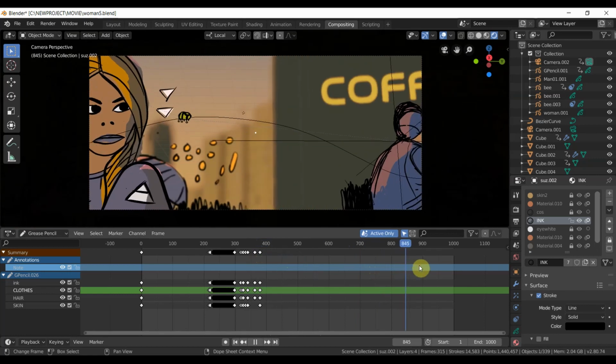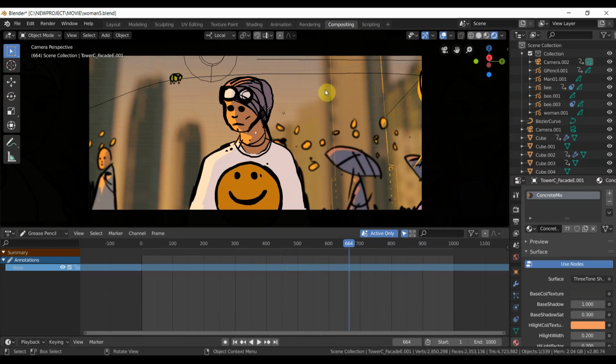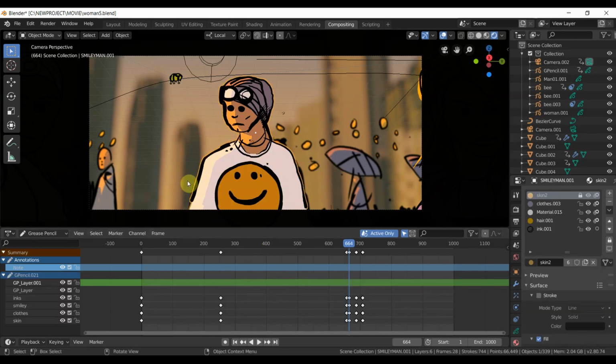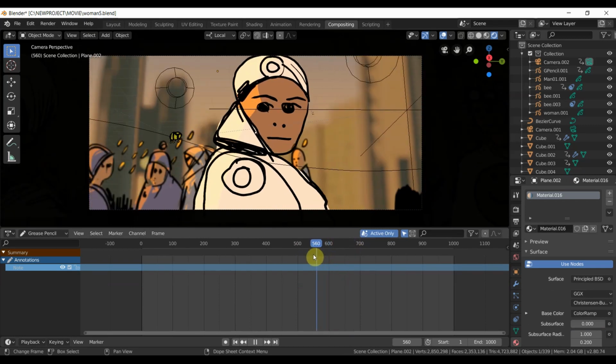That's kind of good. Excuse me, I've got a terrible cold. And then with freestyle rendering, you can put lines behind it, but I'm finding that the lines are showing up over the grease pencil. There might be a way to get around that. I'll have a look.